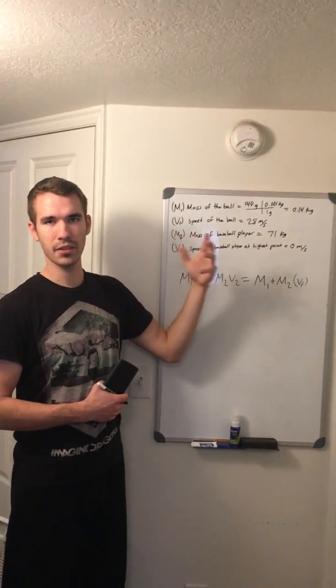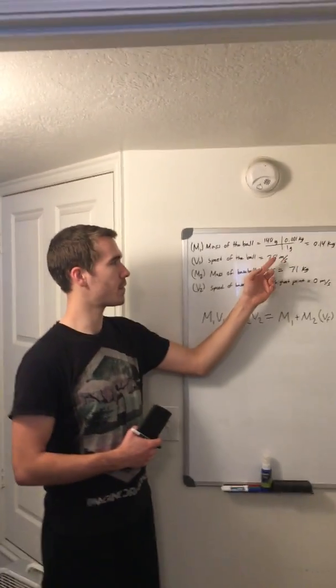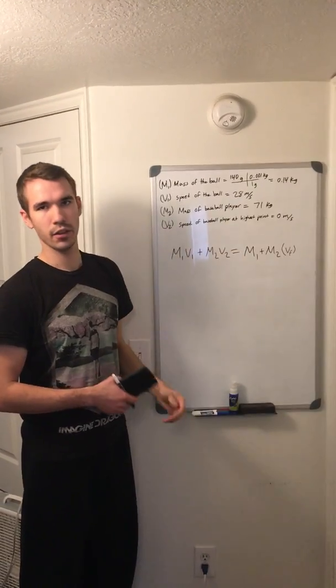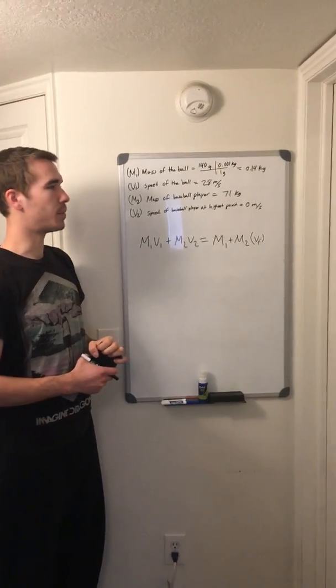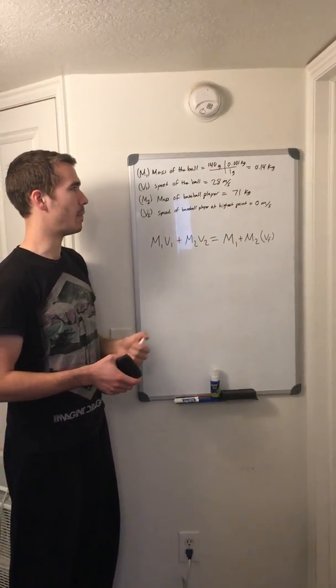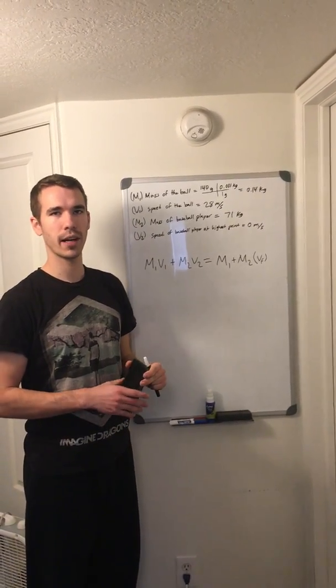But to be able to cancel units later, we need to convert it to kilograms. So I converted 140 grams to kilograms, which gave us 0.14 kilograms for the mass of the ball. And the speed of the ball was 28 meters per second. And the mass of the baseball player given in the problem is 71 kilograms.